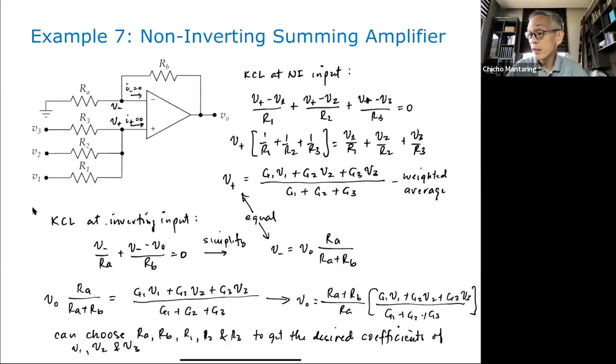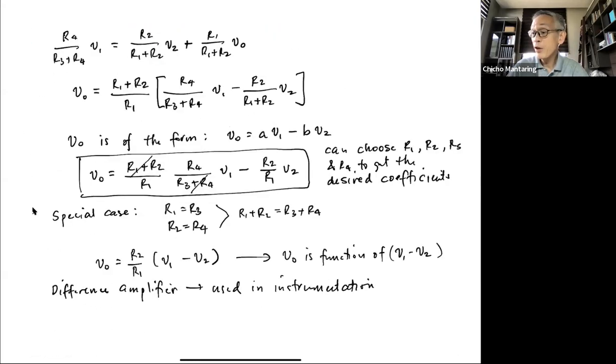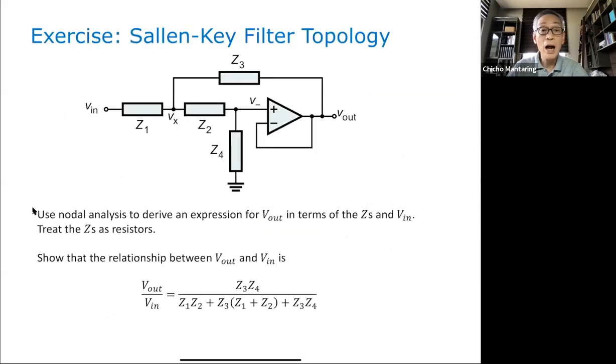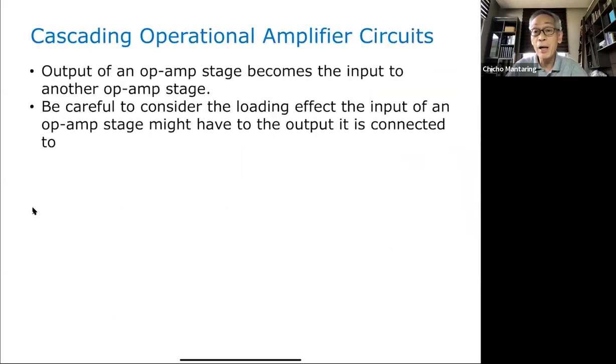What happens when you have many op amps and the output of one op amp circuit is connected to the input of the next op amp circuit? Actually, you should be able to cascade the transfer function or the gain expression.